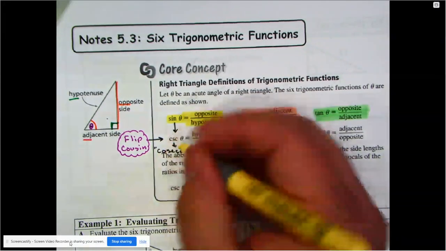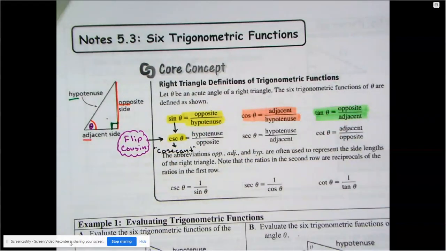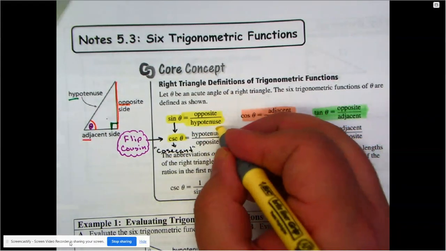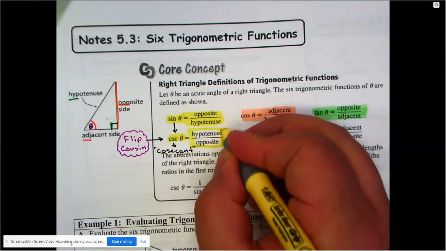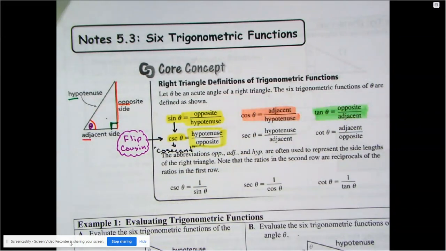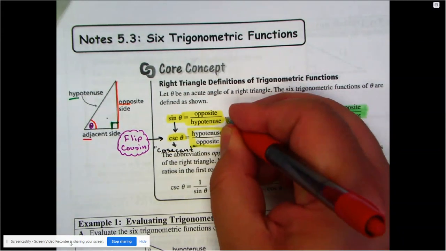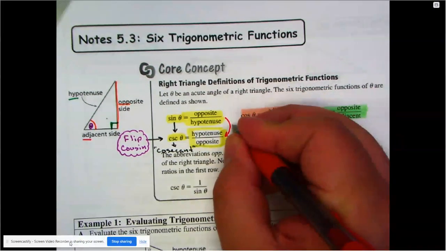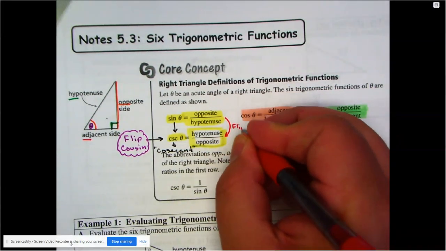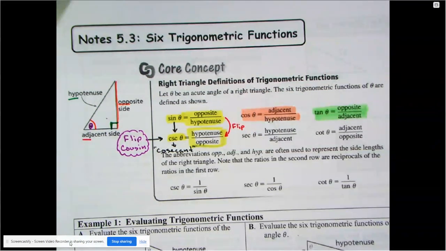In order for me to find cosecant of theta, well, look at what they did. They said it's hypotenuse over the opposite. So if you notice, all they did was one thing. They flipped. All you have to do is flip the fraction, and you have the answer to this brand new trig function called cosecant.